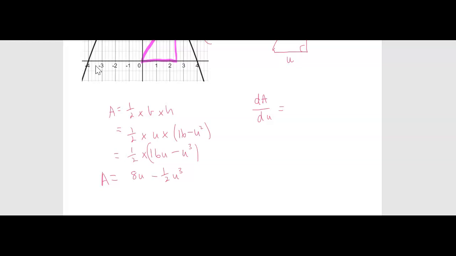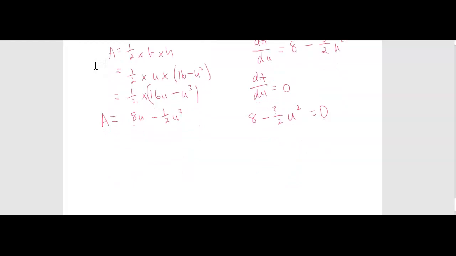So we're not saying dy/dx because our variables are A and U, not Y and X. Taking the derivative of that, which is not hard, gives 8 minus 3 on 2 U squared. So that's our gradient function. Now, finding the maximum, we let that equal 0. So your maximum is when dA/dU equals 0. So we're just going to solve that.